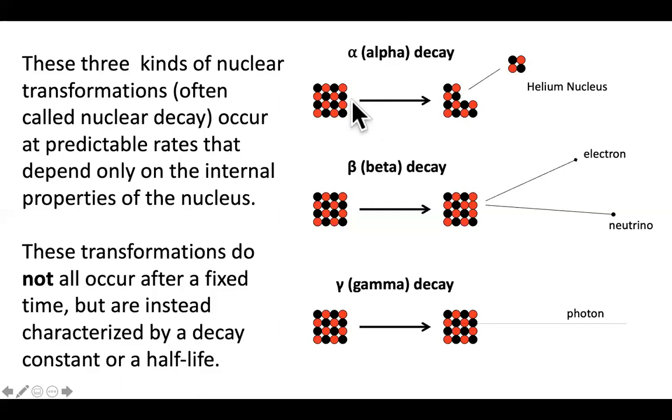That is, if you have a nucleus that would naturally split apart due to alpha decay, these sorts of nuclei don't just last some particular length of time and then transform. If you have something that undergoes beta decay, like carbon-14, a single atom of carbon-14 does not last a fixed amount of time before it decays. Some of them last short periods of time, some last longer.